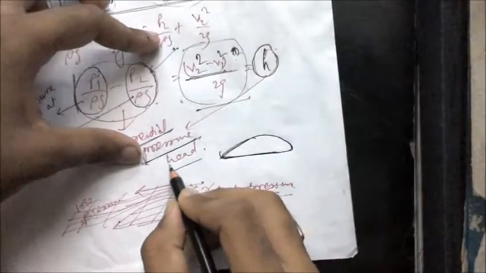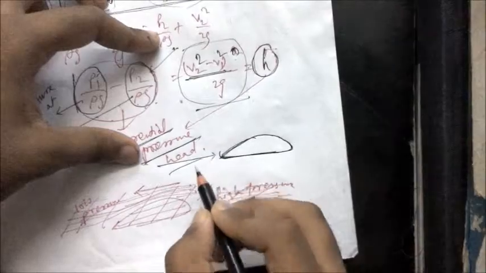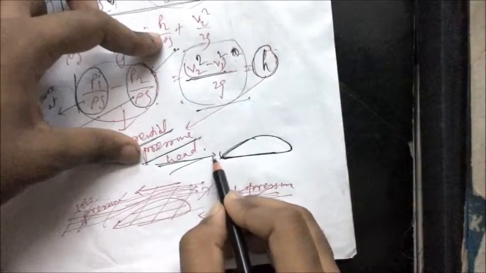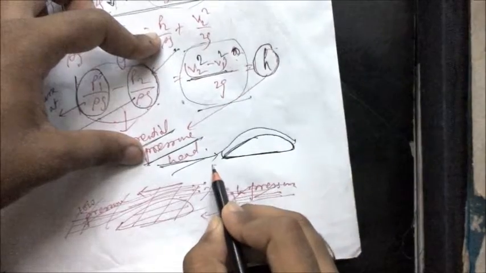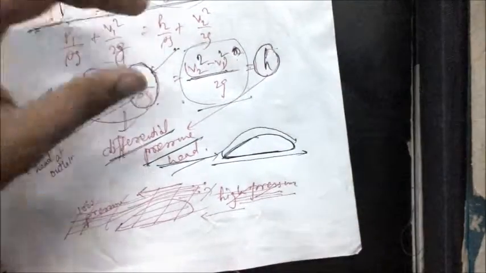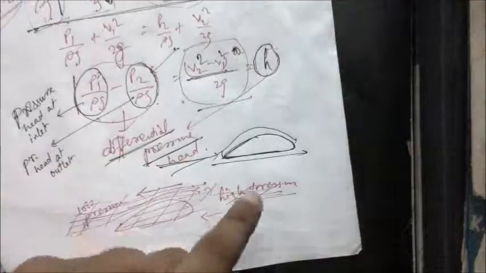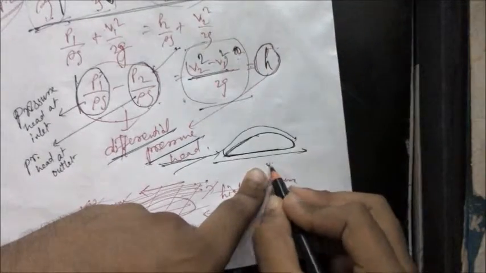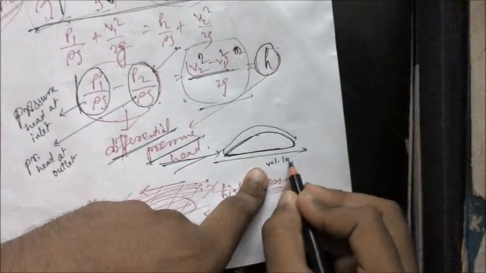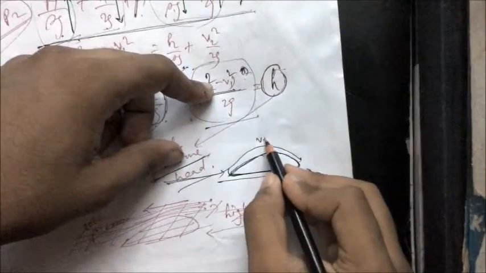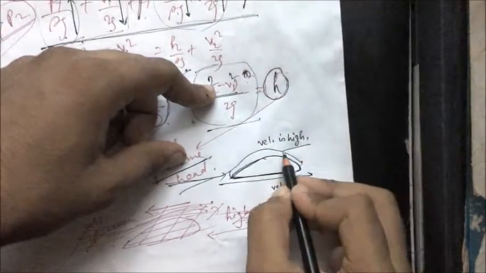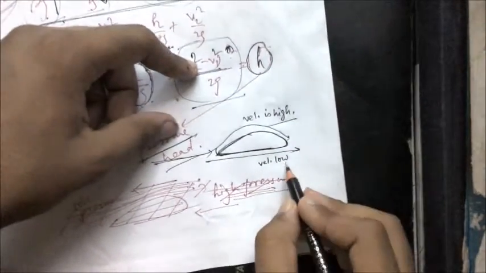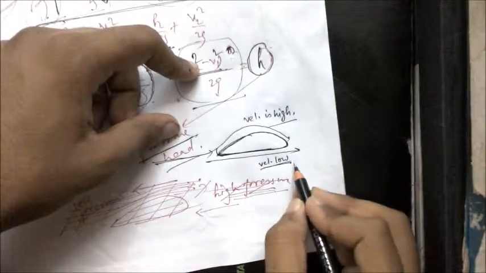See, actually, when the air is flowing like this, it goes from here and then it comes down and goes over there. So here the velocity is low and here the velocity is high. Low velocity means high pressure.